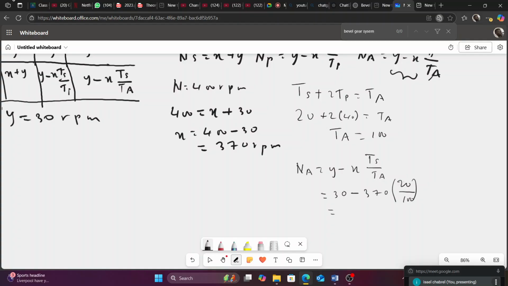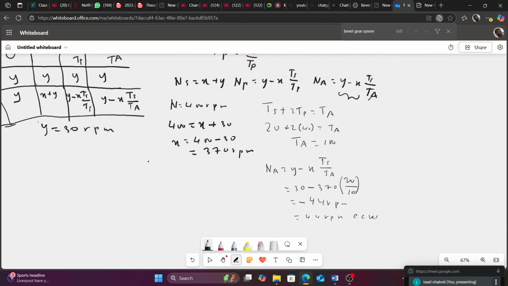Okay, you got negative 44, right? In other words, you can just say 44 RPM and you write clockwise. Yeah. Now, this is what you're supposed to do there.